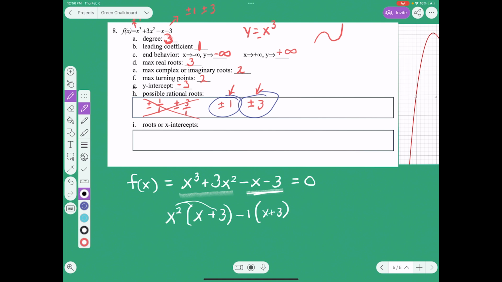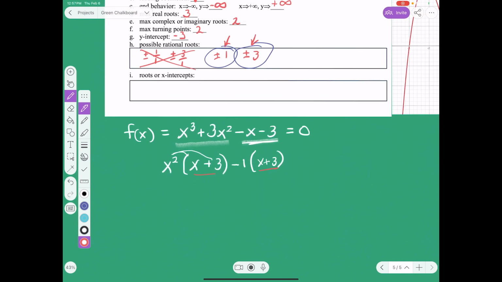Okay, and that's really nice because that gives us this common term. Now I'm going to take another step in factoring and think of this x plus 3 as a common term. So I'm going to factor that out. So I have x plus 3, and what I'm going to have left is x squared minus 1.